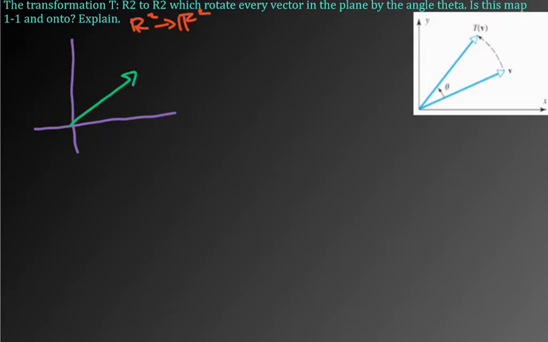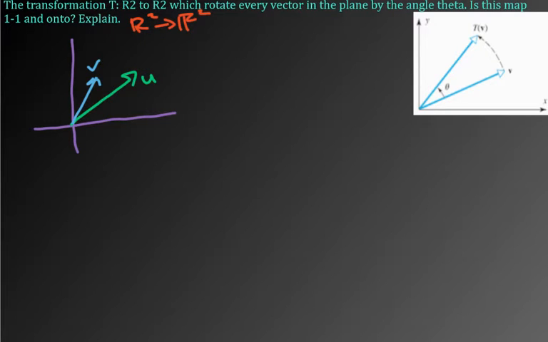So let's say we have a vector U, and then we have another vector, V. If we do U plus V, we're going to go through U and then through V, which I'll shrink a bit.